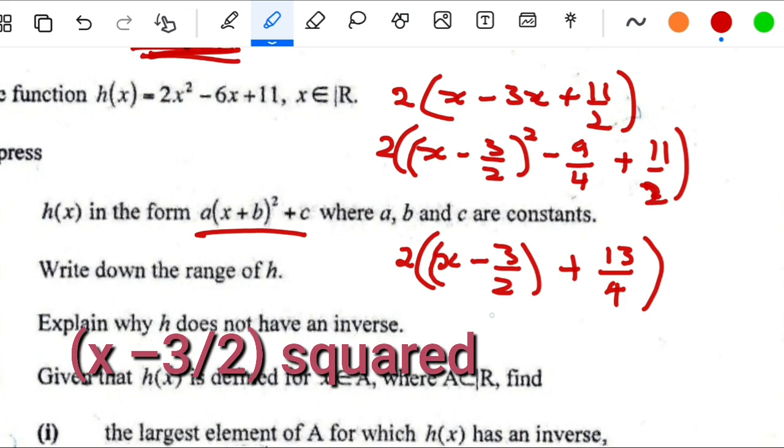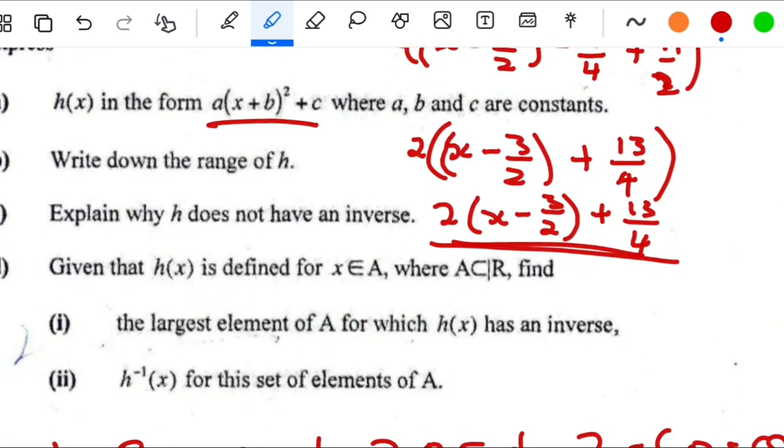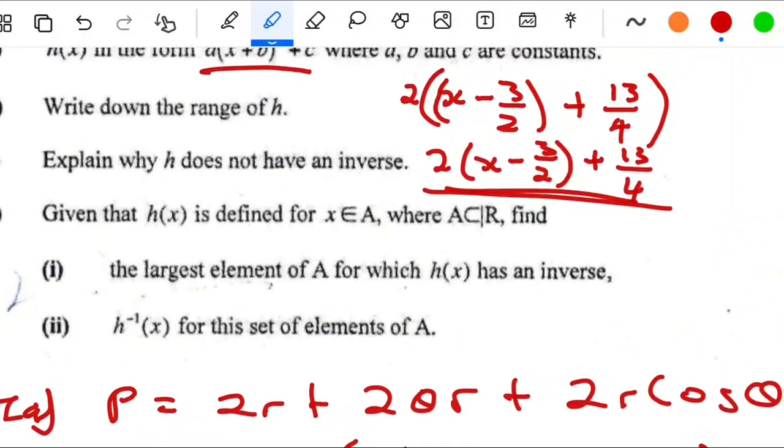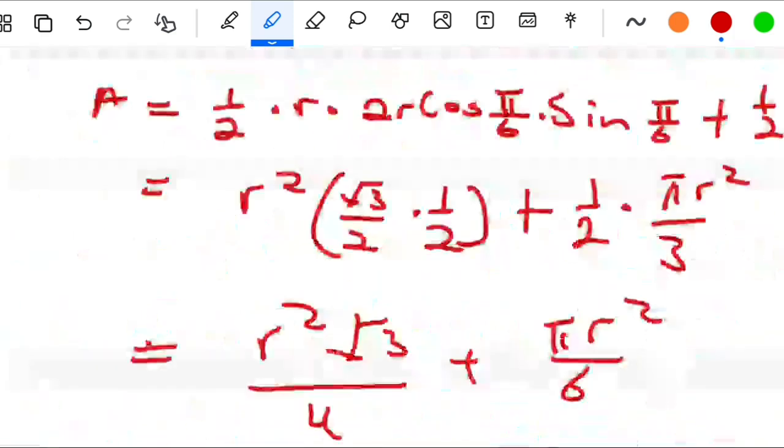Okay. Now this is equal to 2x minus 3 over 2 plus 13 over 4. So this is our form. Then write down the range of h. Okay, what is the range of h? This was a, then b, range of h.